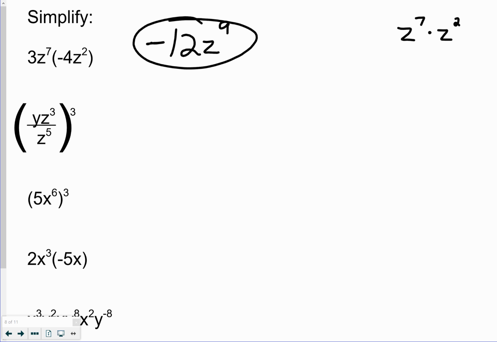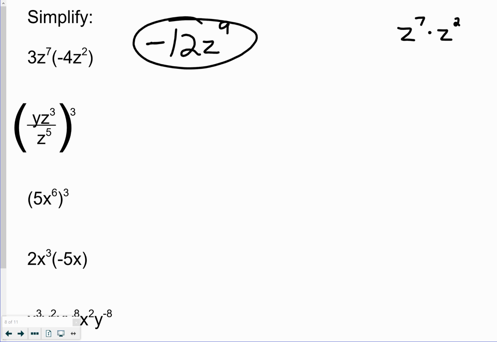Not yet. I love it. Question? Okay. Now, the next one has a fraction, yz cubed in the numerator, and then z to the 5th power in the denominator. And it says, take all of that and cube it.